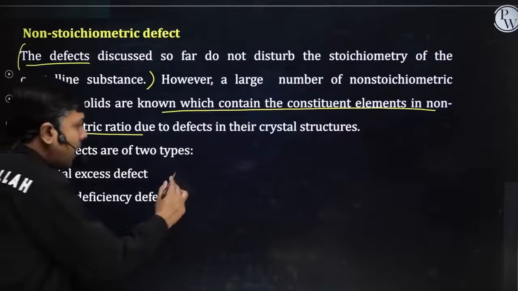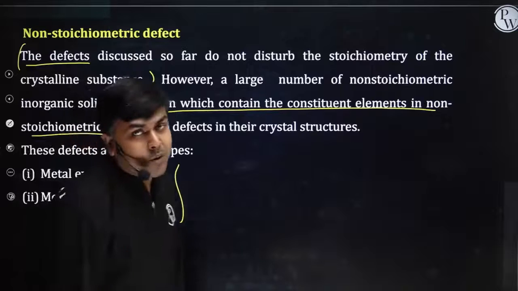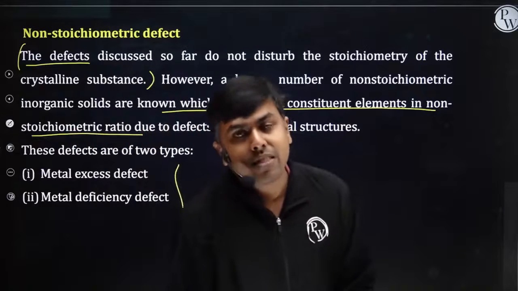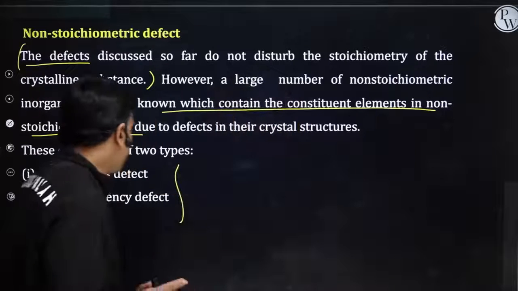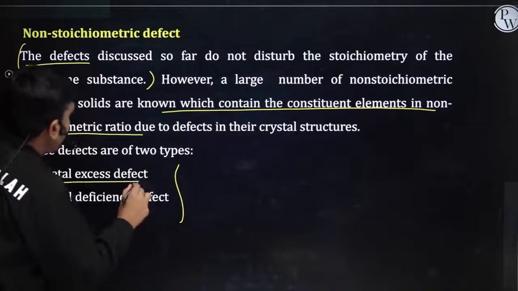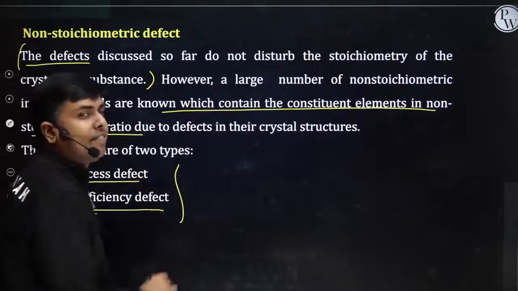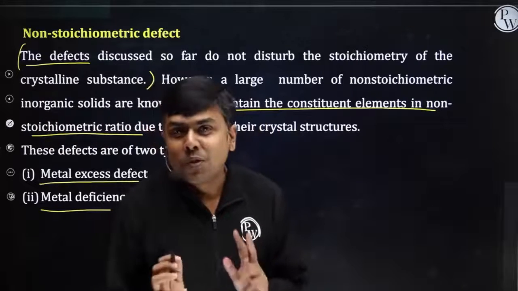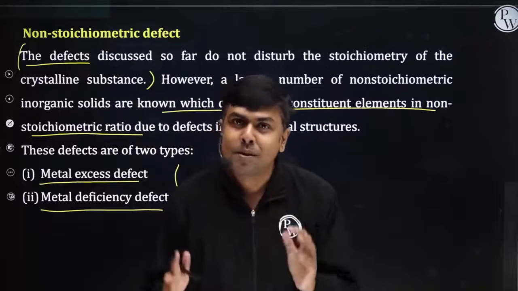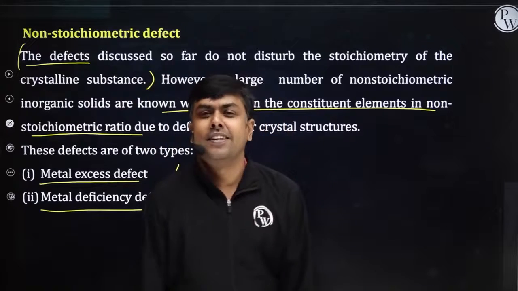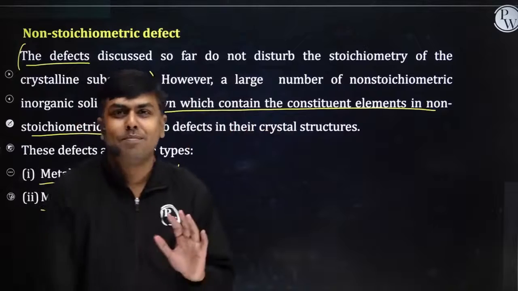Basically, it's of two types. Already I told you, either the cationic number will be more or the anionic number will be more. So either we have an excess of metal or we have a deficiency of metal. If I talk about non-stoichiometric defects, we have two types: metal excess and metal deficient. Let's discuss it one by one.